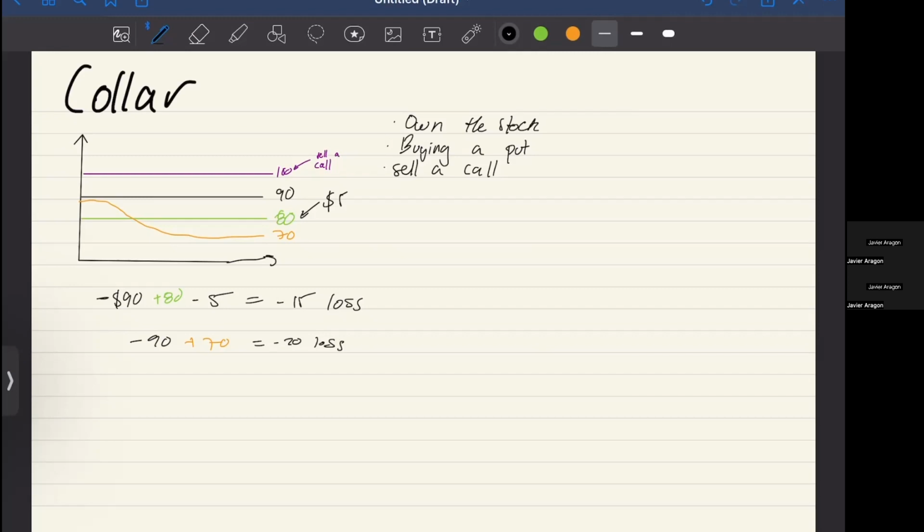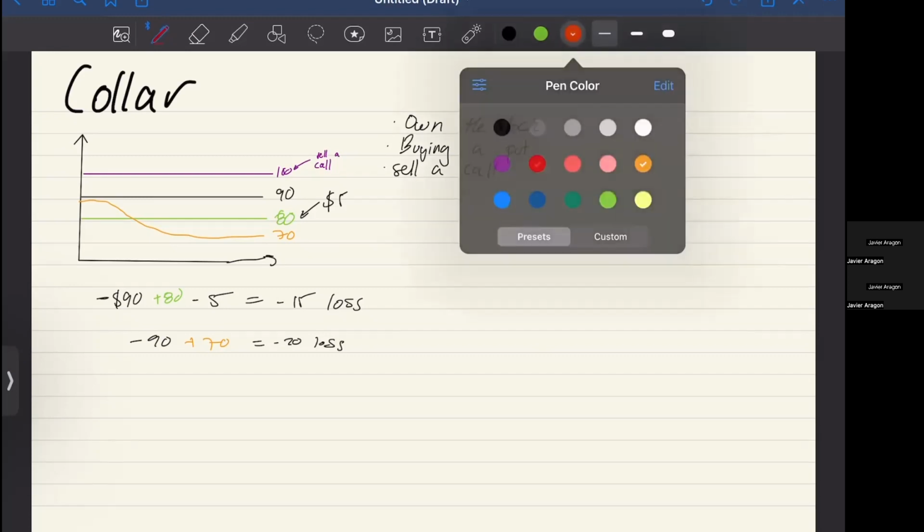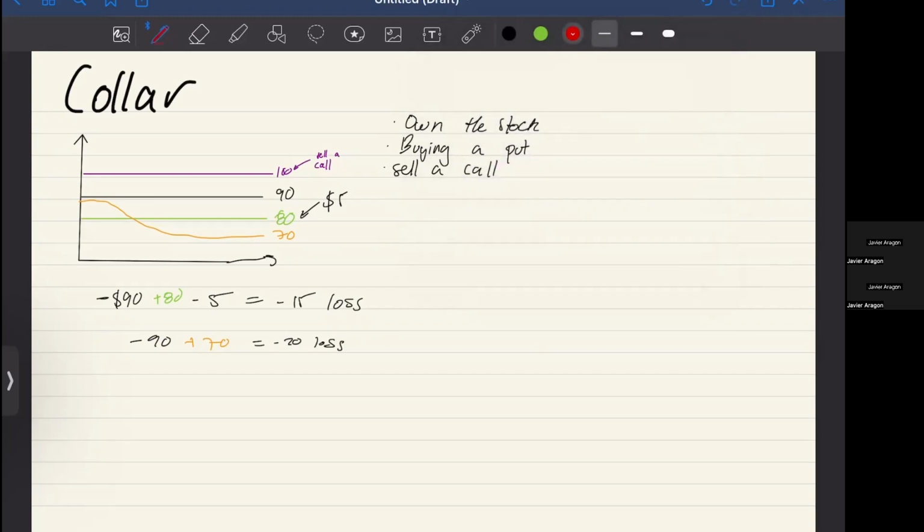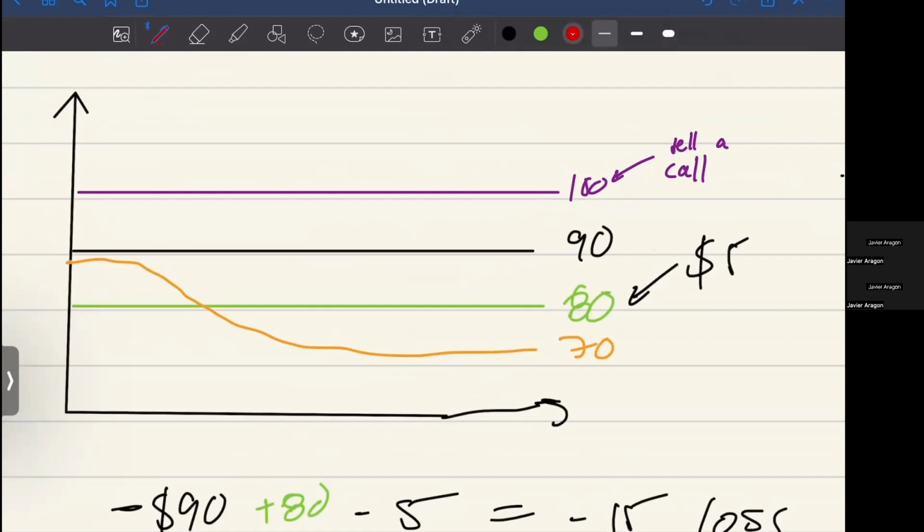But suddenly, let's say tomorrow the market decides to just fix itself or just go crazy. And again, the reasons, I don't know, it's just easier to explain. So let's say suddenly the stock rises and it decides to get to 110.